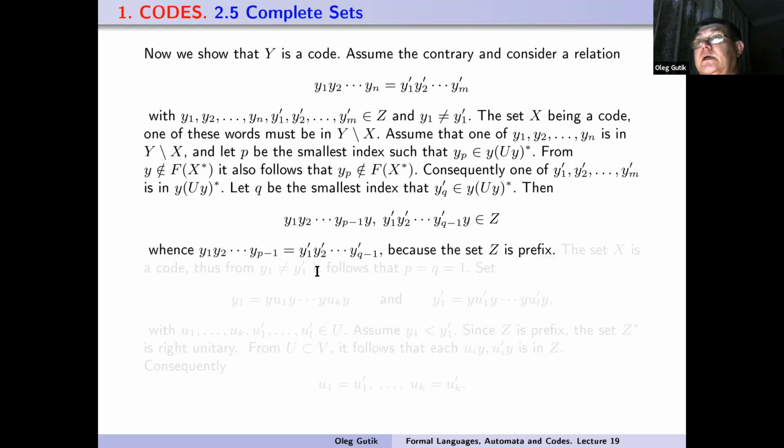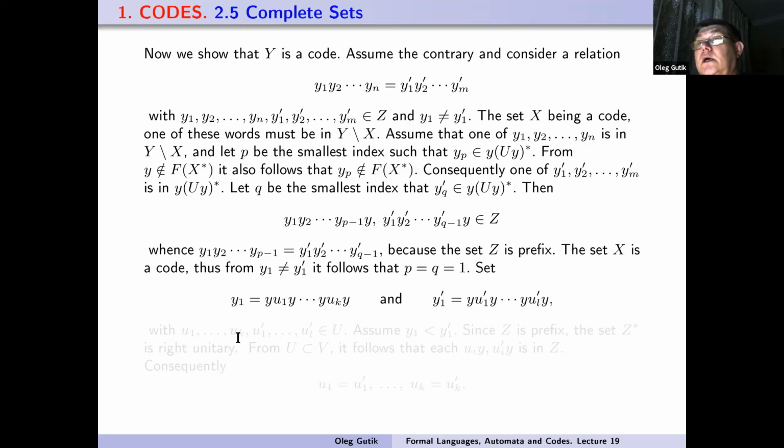Hence we get that y1, y2, and so on, y_{p-1} is equal to y1 prime, y2 prime, and so on, y prime q minus 1, because the set Z capital is prefix. The set X capital is a code, thus from y1 not equal to y prime 1 it follows that p is equal to q is equal to 1.